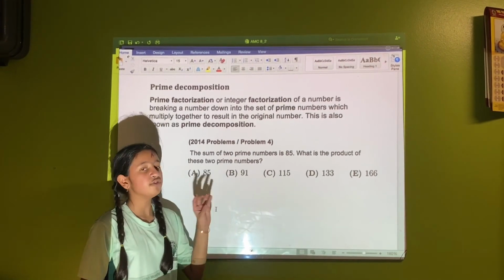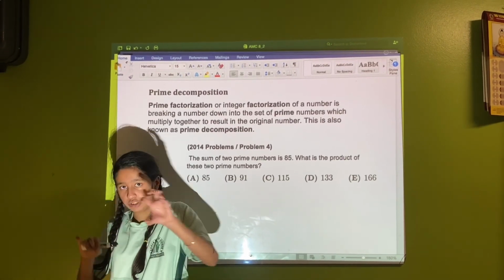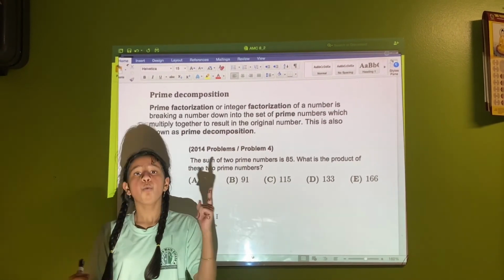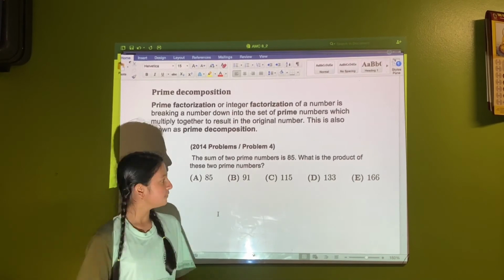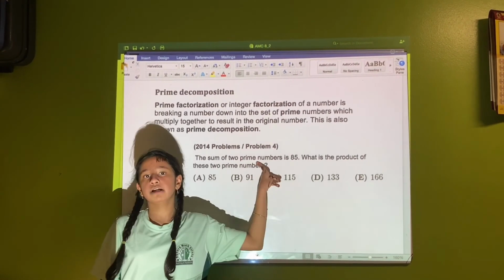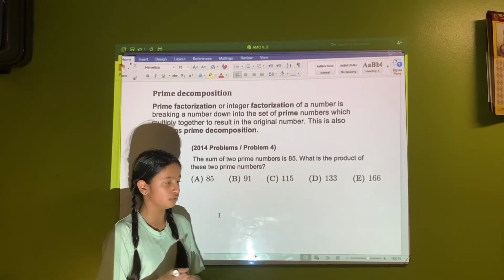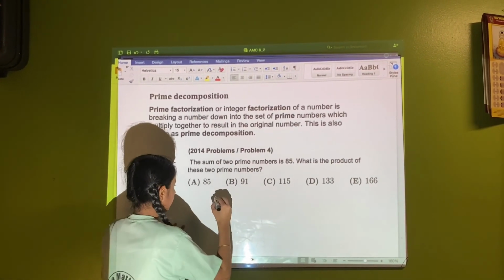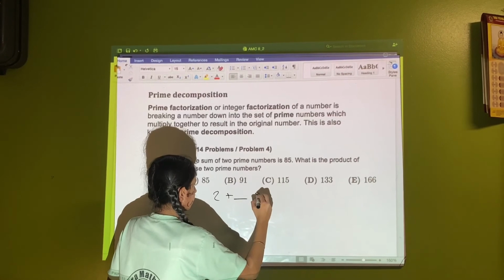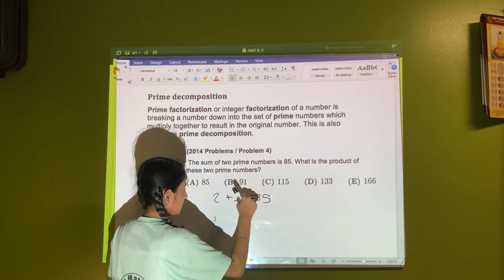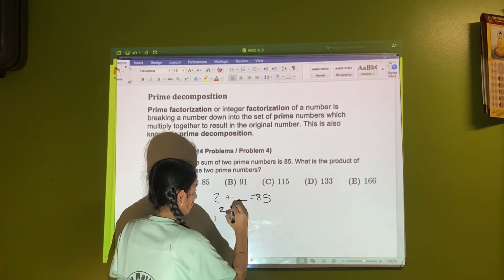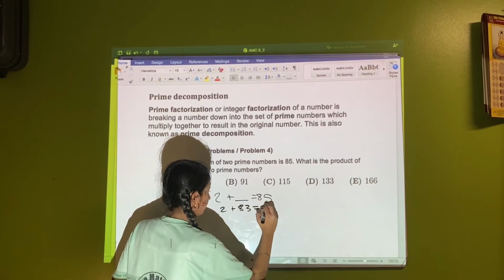So you should know if you have an odd number, you have to add an even and an odd number to get it. One of these numbers needs to be even. But it's 2 prime numbers. The only even prime is 2 because everything else is divisible by 2. So 2 plus something is 85, and we can tell this is 83. Right.